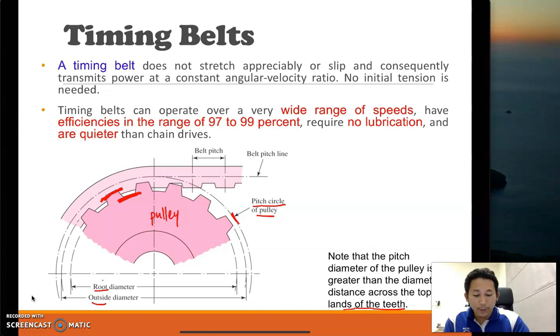And we also have the pitch line, so the line for our timing belt. And we have also a pitch. Pitch is from crown to crown, or we can say from this one to this one. That is the distance of our belt pitch.